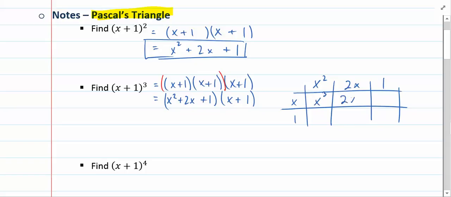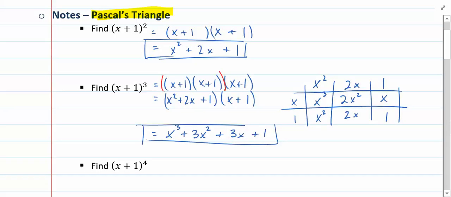This gives me 2x squared and x. Then 1x squared, 2x, and 1, which ultimately leaves me with the result x cubed plus 3x squared plus 3x plus 1. That's the result for x plus 1 cubed.